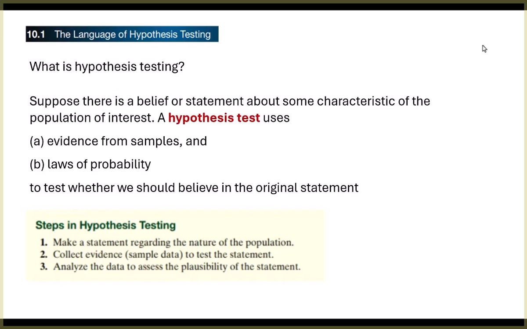That's how sundials work. How long did it take to convince people otherwise? Some people got in trouble for trying to do that. All right, so that's kind of the basis of what we're doing. We take a claim. We're going to try and use evidence and probability to disprove that claim.